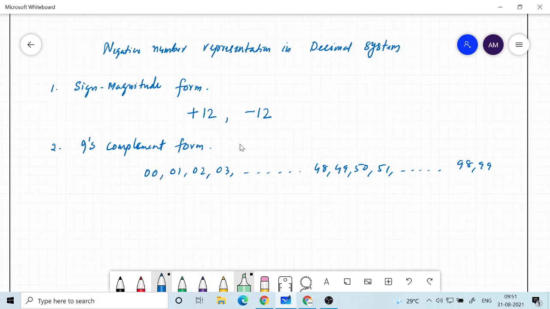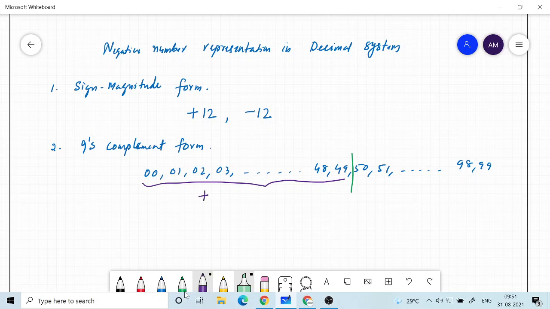What we do is that the first half we dedicate to represent the positive numbers. That is, first half means we can demarcate it somewhere here. 0 to 49. So this will be allotted for positive numbers.